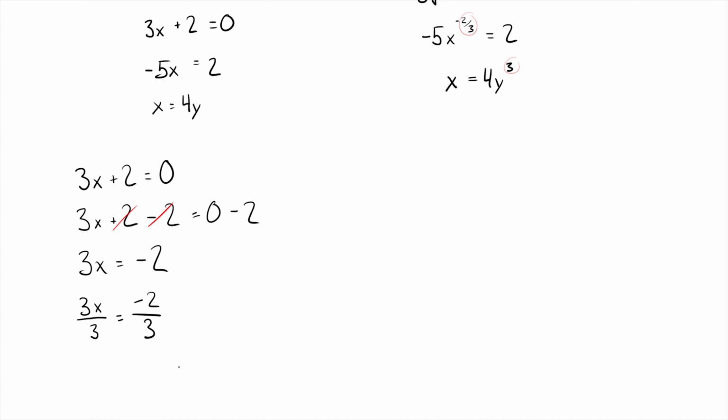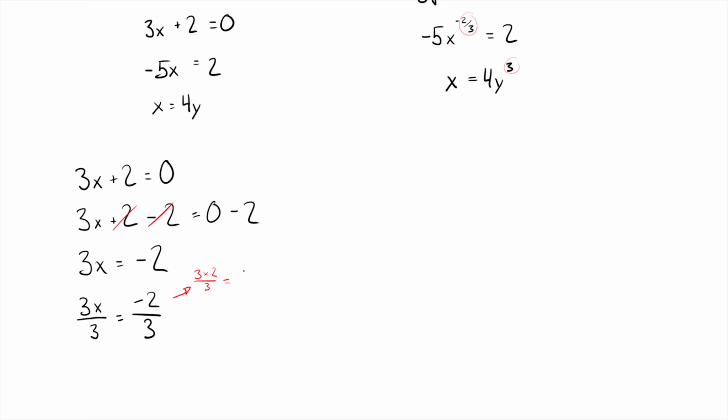Now on the left-hand side, what I can see here is that I have 3 times some number divided by 3. Well, let's think about that. If I have 3 times 2 and then I divide by 3, what do I get? Well, all I'm going to do is 3 times 2.